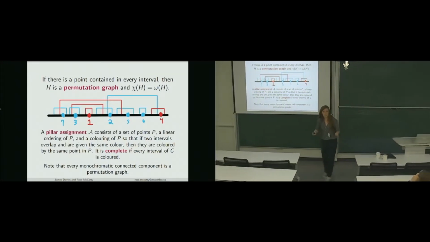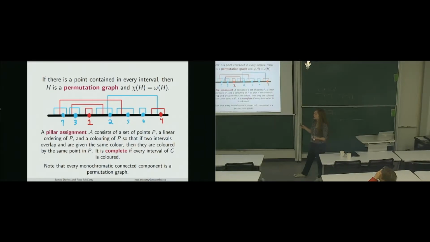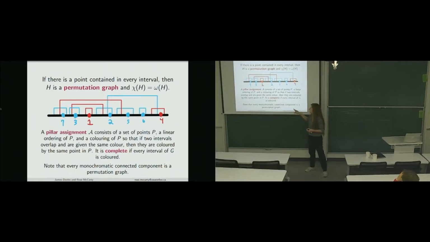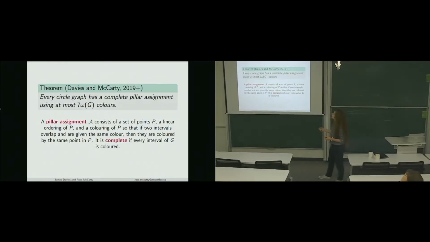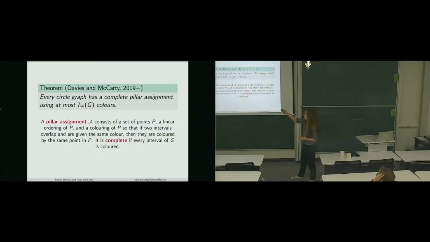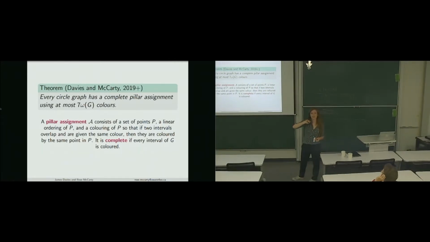And so what we'll do to get our final coloring of the graph is we'll use omega colors for each monochromatic component, and then we'll be using about 7 omega colors for the points. And that would get us our final 7 omega squared. So the real theorem is that every circle graph has a complete pillar assignment using 7 omega colors.